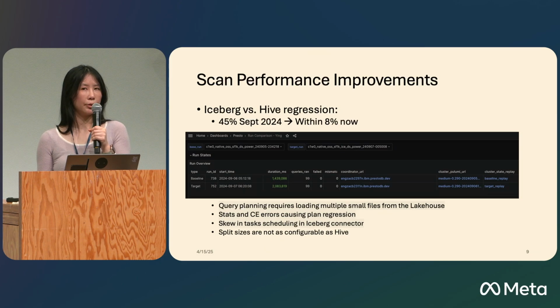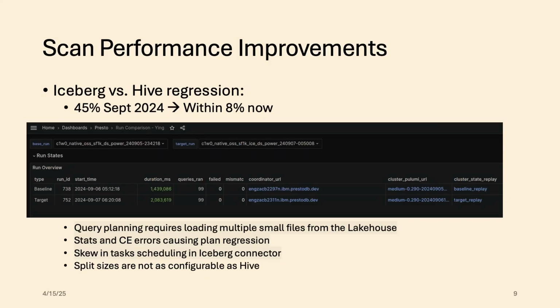With these basic implementations, we did some performance testing last year, but to our surprise, the Iceberg connector in Presto C++ was about 45% slower than the Hive connector in Presto C++.